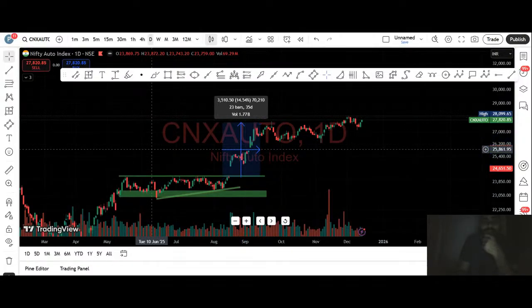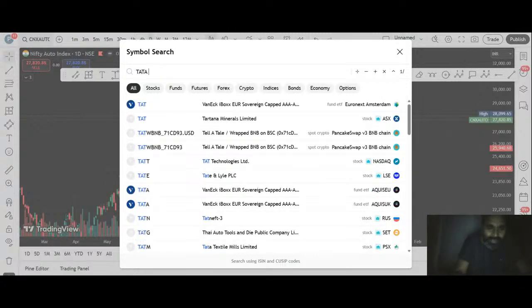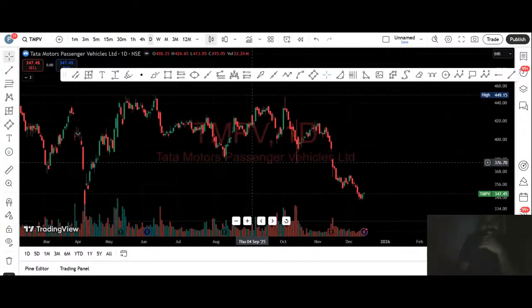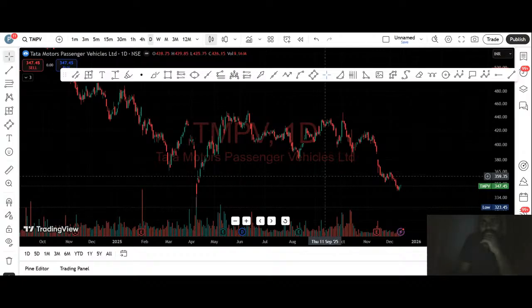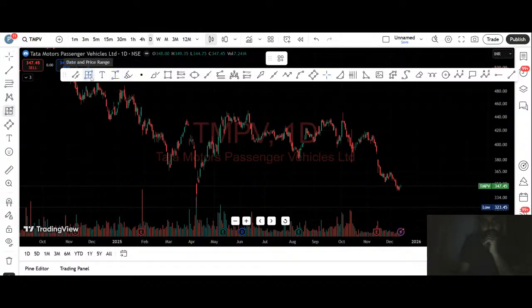You can play it. Suppose you choose a wrong stock by any guidance. For example, Tata Motors Passenger Vehicles is against the trend. See here, the Nifty Auto index performed well, but this stock couldn't do well.